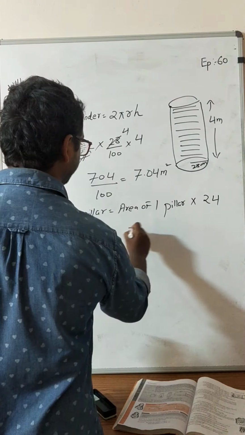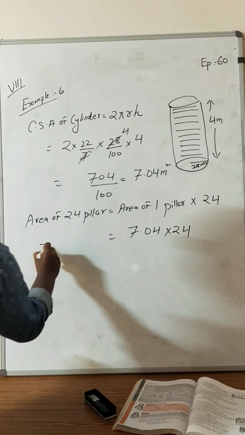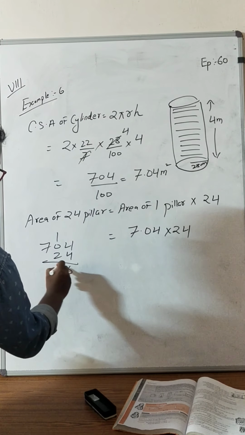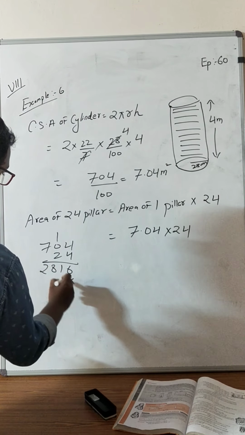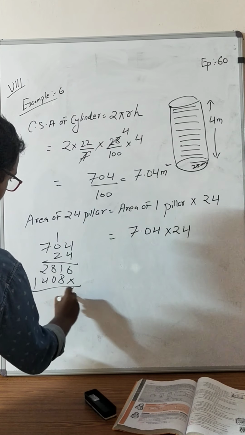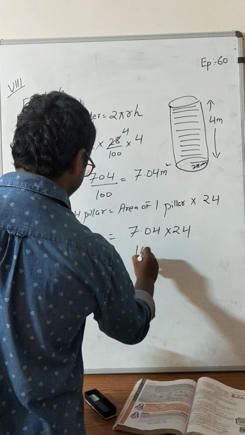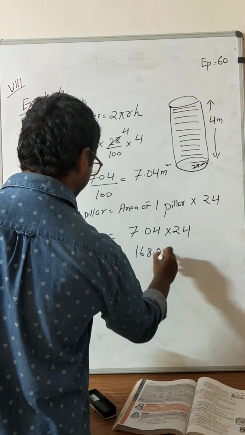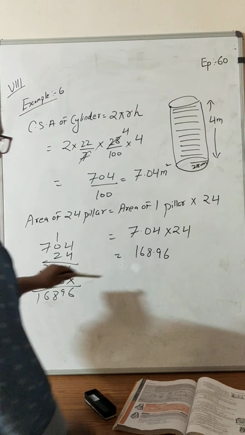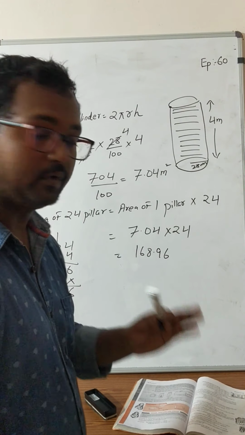So area of one pillar is 7.04 into 24. We will get 704 into 24. If you multiply, we will get 168.96. 168.96 is the total curved surface area of 24 pillars.